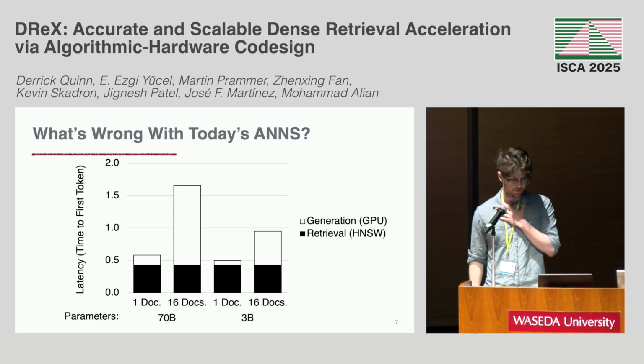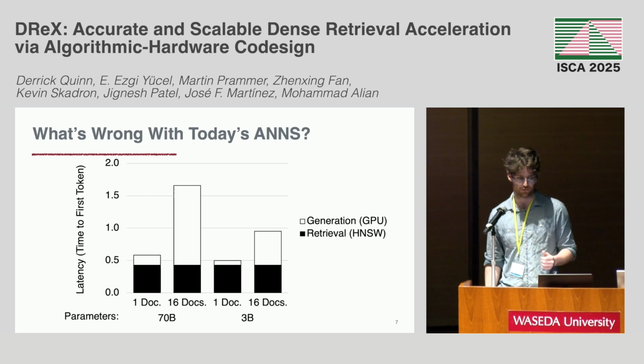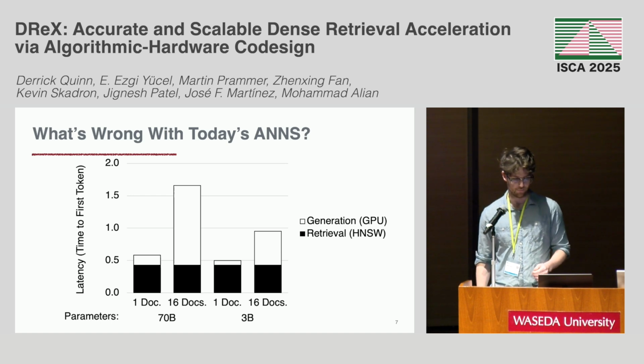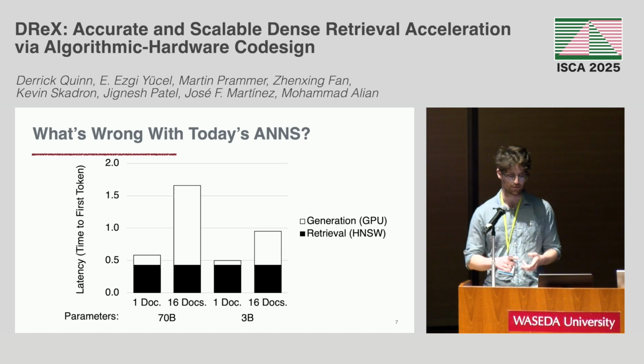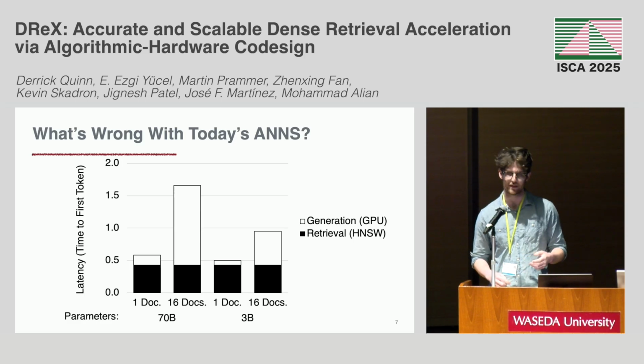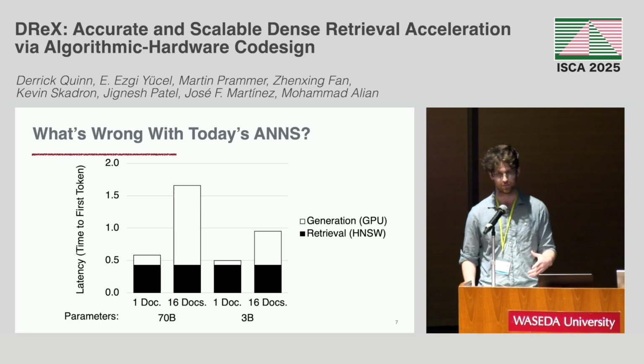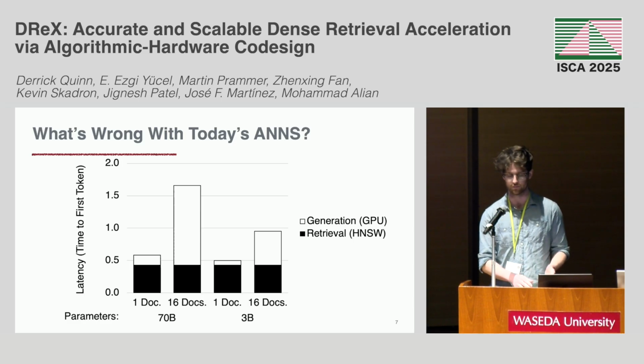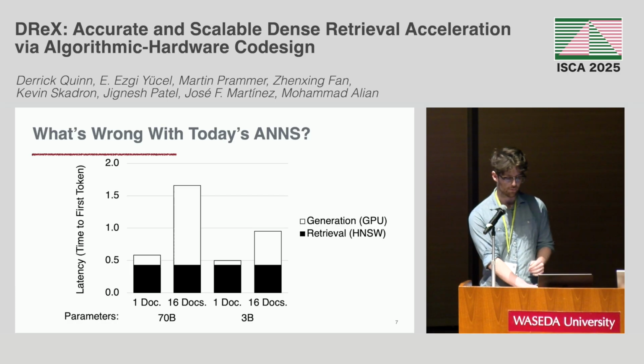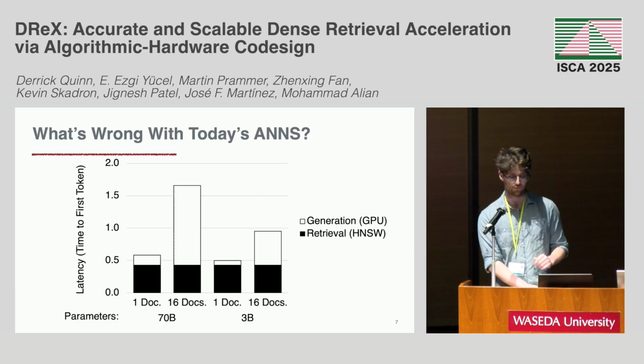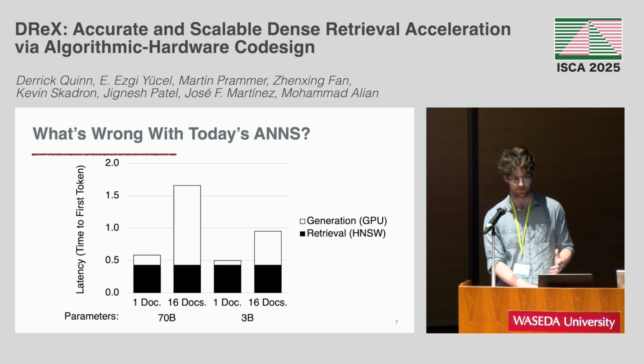search. Now, this is for a question answering RAG application using state-of-the-art language models and approximate search schemes. And we look at time to first token, which is like latency that's relevant for user applications. We see a few things. One is that retrieval with a state-of-the-art approximate search can make up a substantial portion of this time to first token.